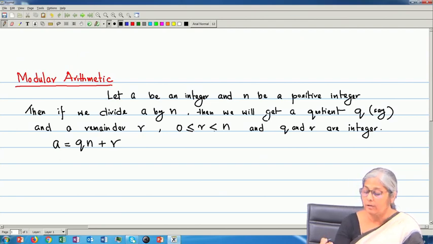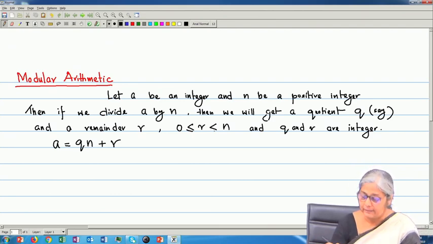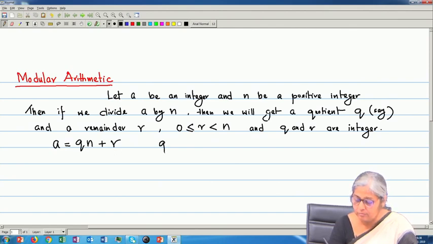If A is divisible by n, that means there is no remainder, that means r is 0, otherwise it is less than n. And I can tell that q is floor(A/n).